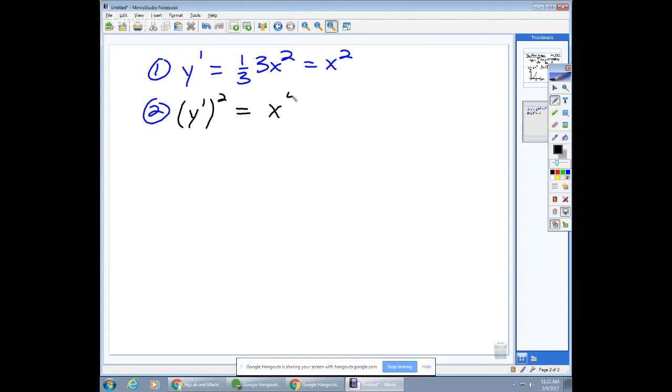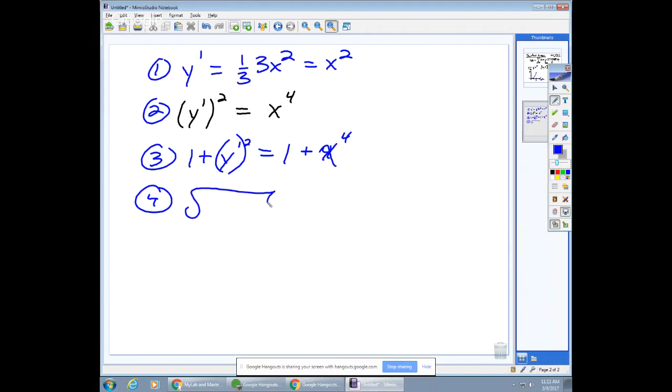That's just x to the 4th, and add 1. So 1 plus x to the 4th. And then we stick it in a square root.